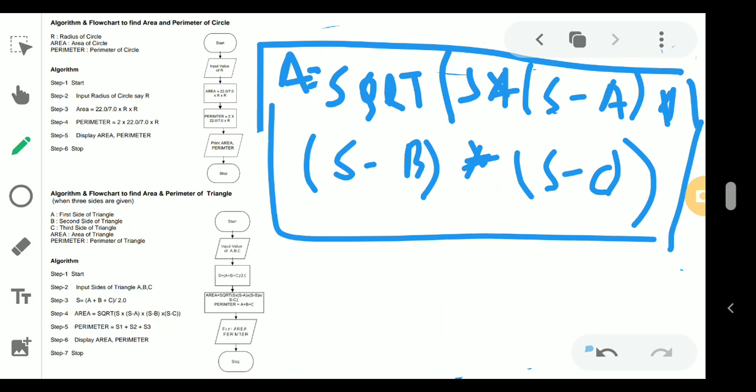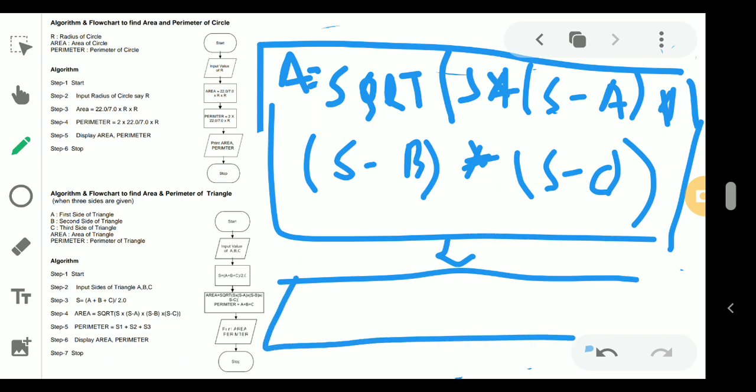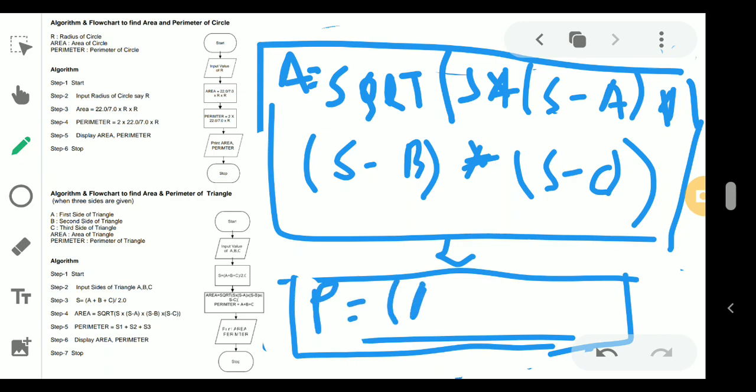One part is left, the perimeter, which we have not calculated. For that we again require a process box: A plus B plus C. Done. So we have calculated the area as well as the perimeter. Now the next step is to display.